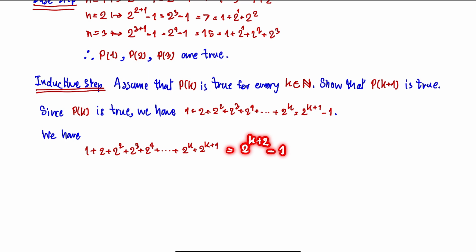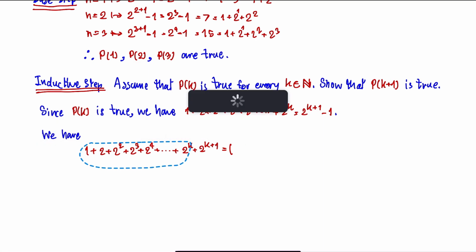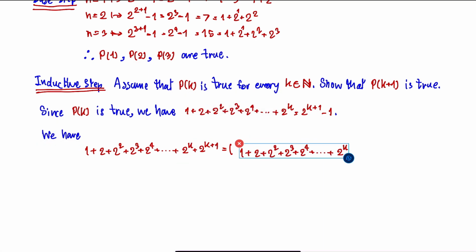Now, we already have the first k terms. Let me write it like this: 1 plus 2 plus 2 to the 2 and plus all the way to 2 to the k. What does it turn out to be?